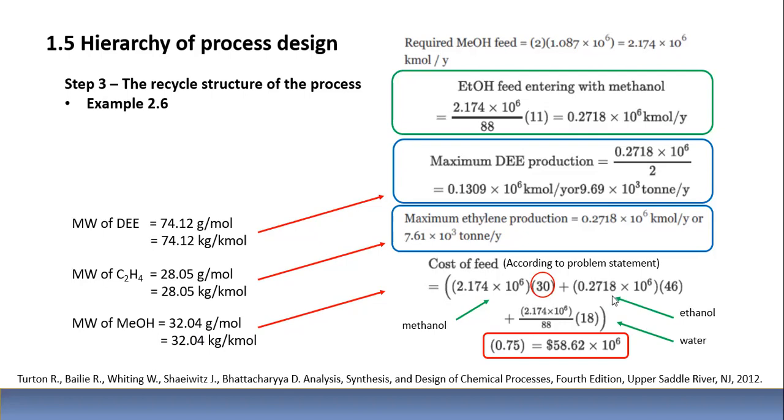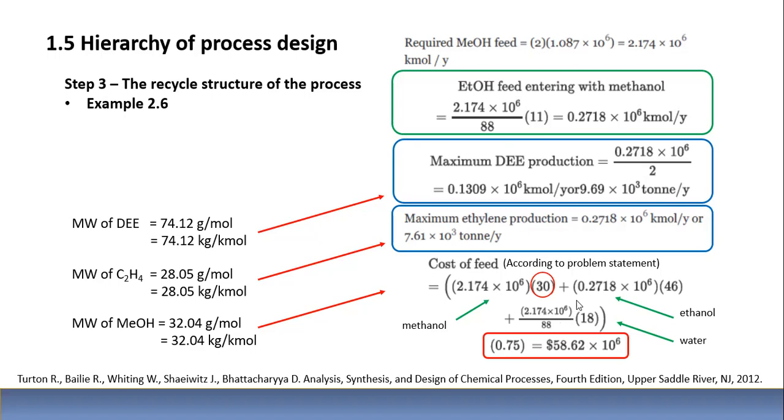How do we determine the amount of water that came in with the process? We take the amount of methanol, we divide by 0.88 and we multiply by 0.01, because when we divide by 0.88, we get the maximum amount of kilomoles per hour of the entire mixture that came in, times 0.01, that is the amount of water that came in with the process. So that's why we see 2.174 times 10 to the 6 divided by 0.88.